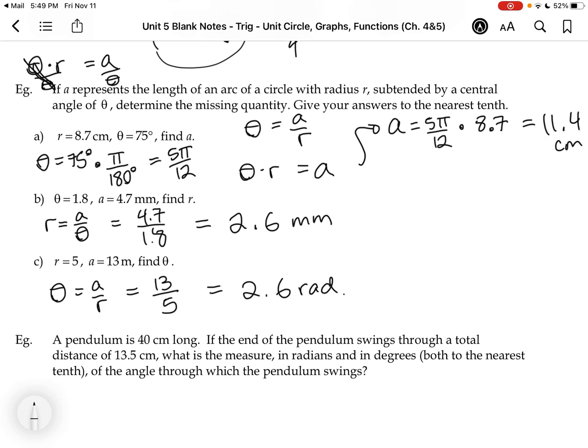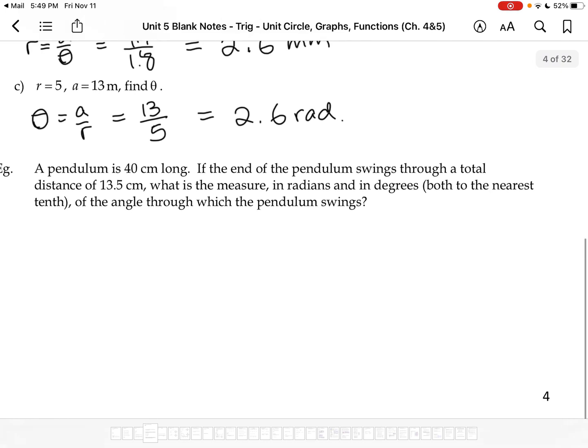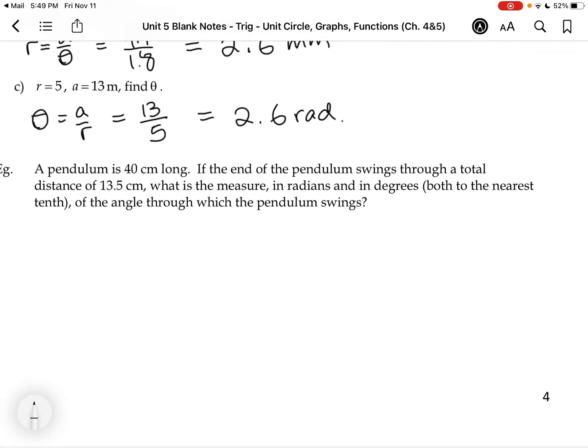Okay. Last question. A pendulum is 40 centimeters long. If the end of the pendulum swings through a total distance of 13.5 centimeters, what is the measure in radians and in degrees, both to the nearest tenth, of the angle through which the pendulum swings? So what I would do here first is draw it.